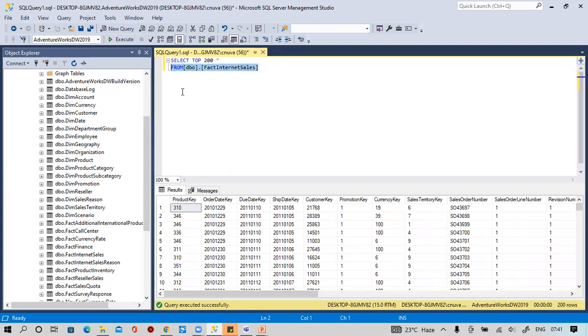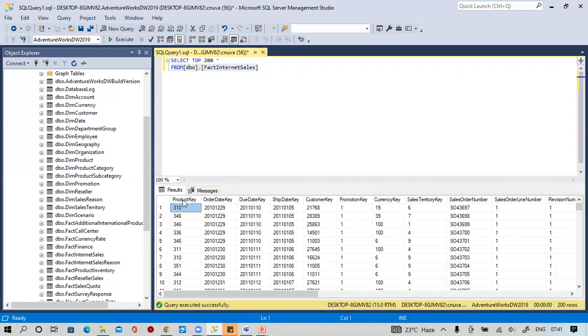As I said, a fact table is the table which contains the dimension keys and measure values. Here it is the product key. What does 310 represent? When there is a product key in the fact table, definitely there will be another table which contains the product information.